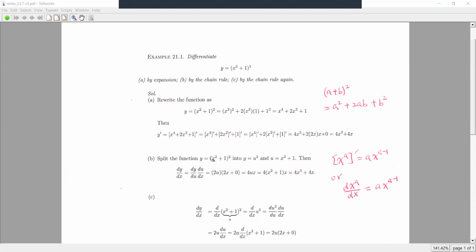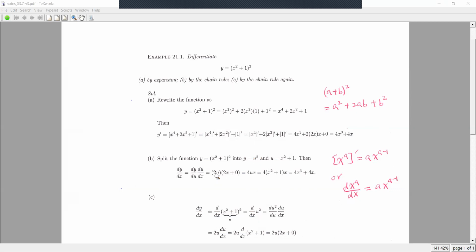Now I compute the derivative of this function by the chain rule. By the chain rule, dy dx is equal to dy du times du dx. dy du is the derivative of this function.